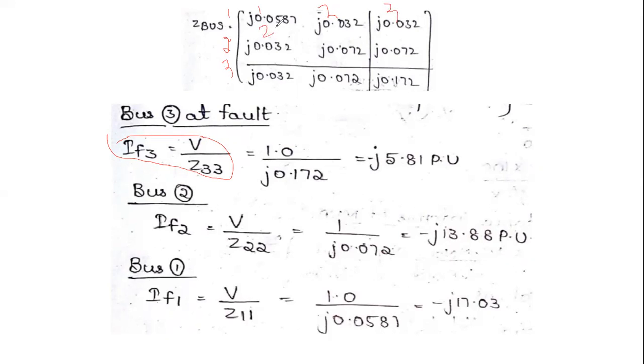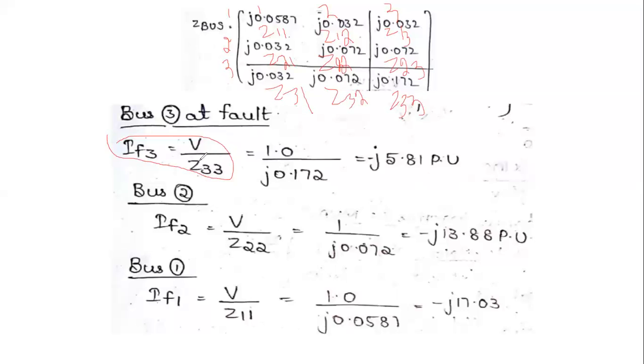It is Z11, Z12 and Z13, and this is Z21, Z22 and Z23, and this is Z31, Z32 and this is Z33.